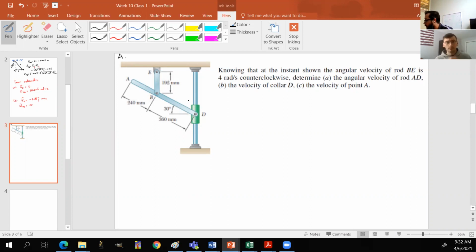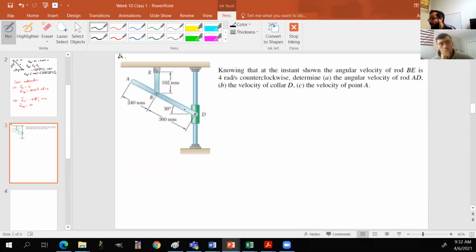So with that unknown and with omega AD as the unknown, you can just look at VB with respect to VD and find out what your velocity for D is, because you can describe the motion of B due to the rotation of EB, right? And then using that, you'll have the velocity of point A, where you'll have two unknowns, because both the Vx component and Vy component are going to be unknown, and then you can solve that knowing what omega AD is.